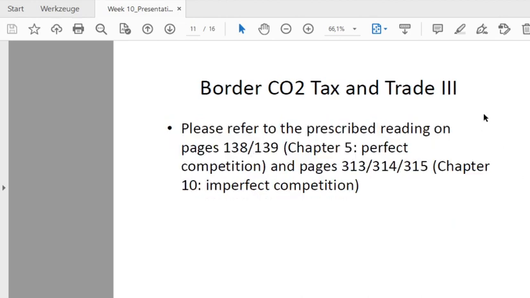So if you take a look at the prescribed reading, chapter 5 for perfect competition and chapter 10 for imperfect competition, there you will see the analysis of what is the impact of a tariff on a country's welfare. We are here interested not in the algebraic derivation.